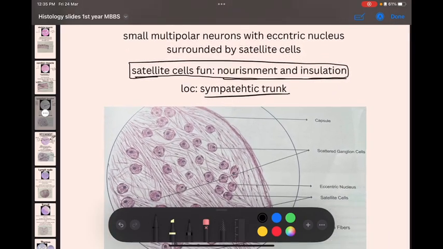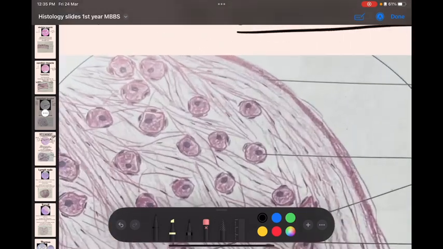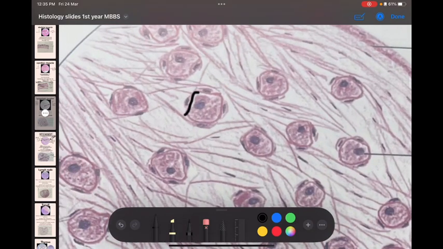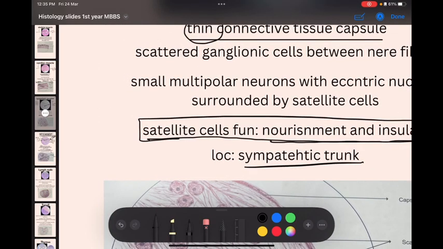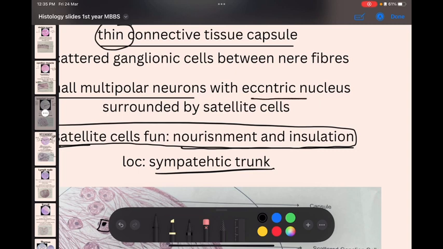In the case of sympathetic ganglion, we have cells like this, and the nucleus is not at the center. Small multipolar neurons with an eccentric nucleus, not at the center, surrounded by satellite cells again.